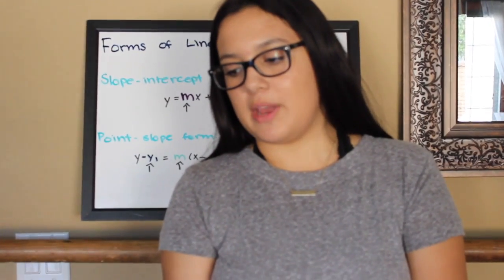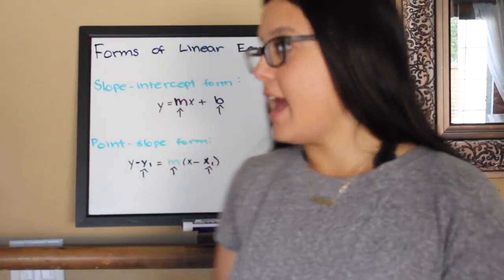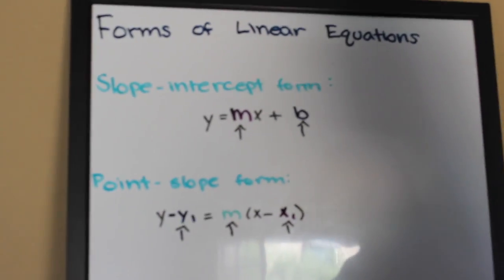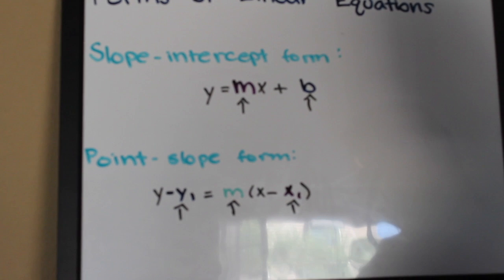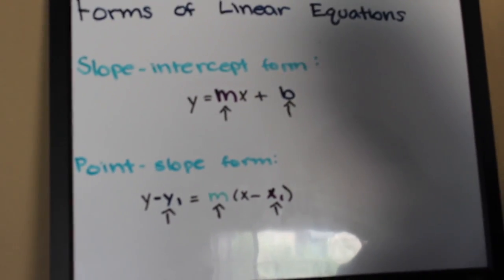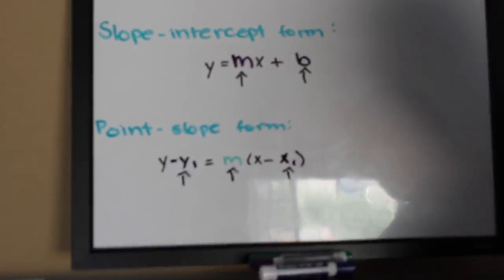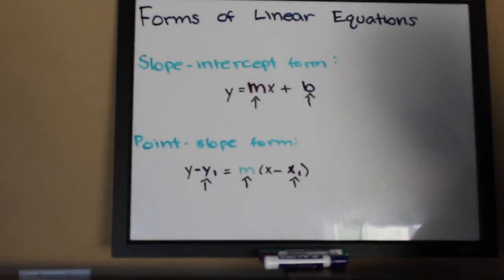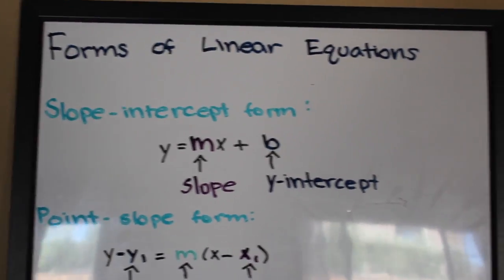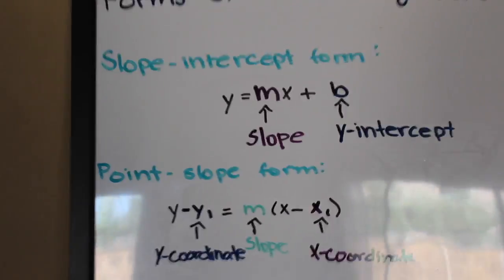In section 3-7, we are going to be learning about equations of lines in the coordinate plane. And we are going to talk about forms of linear equations. So this first form is called the slope-intercept form. And the slope-intercept form of an equation of a non-vertical line is y equals mx plus b. Here we can see that m is the slope and b is the y-intercept.